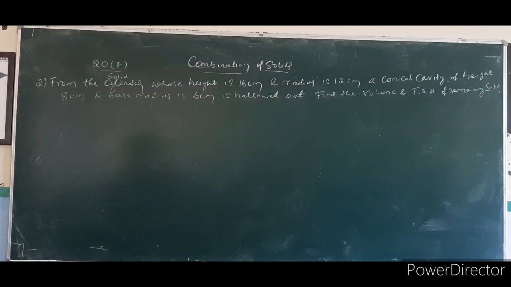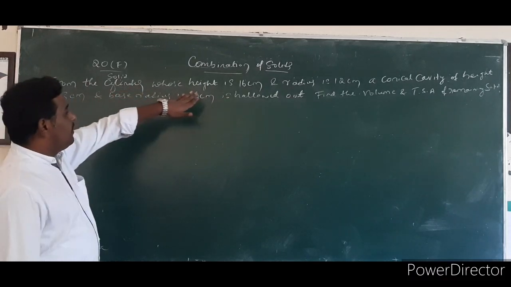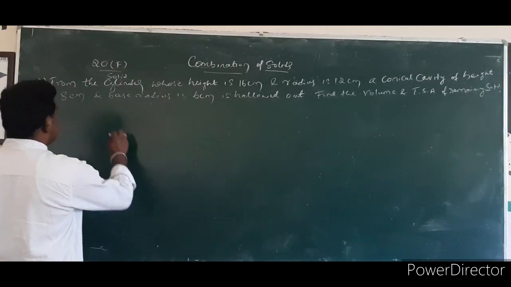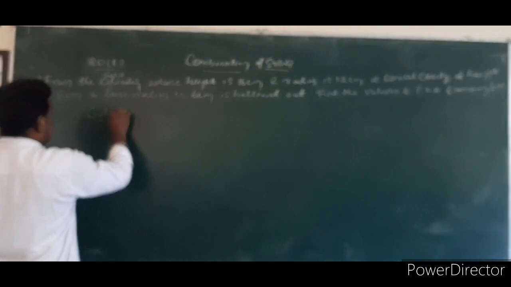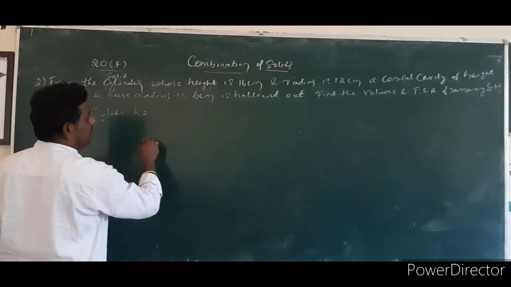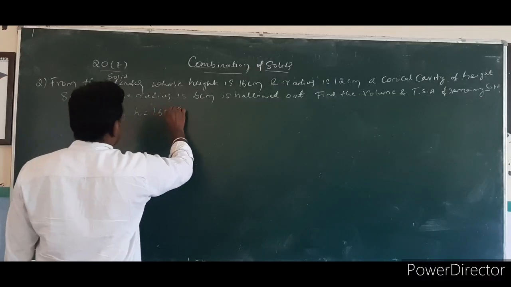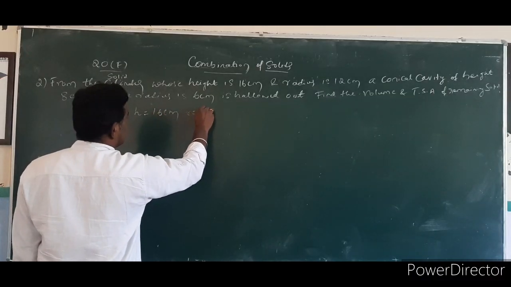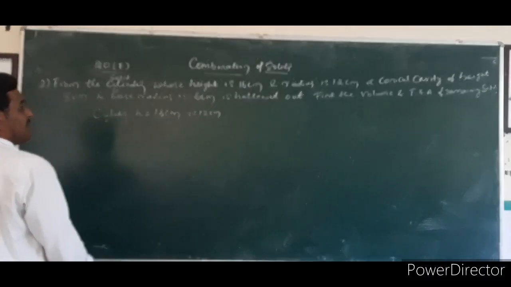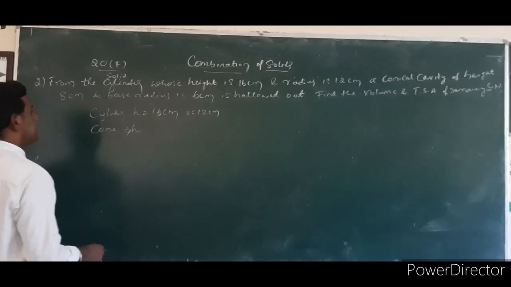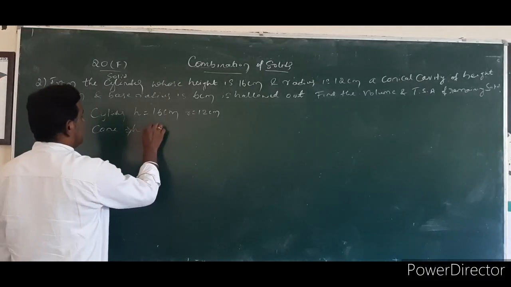In the second problem, from a solid cylinder whose height is 16 centimeter and radius is 12 centimeter, a conical cavity of height 8 centimeter and radius 6 centimeter is hollowed out.